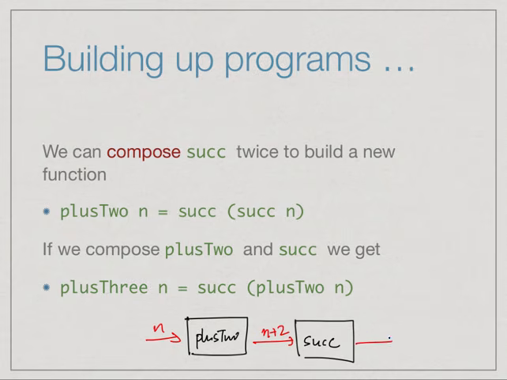And then we feed it to successor and we get n plus 3. And now this gives us a new box which we call plus 3. So in this way, we can combine functions by function composition, which is well known to us from mathematics.